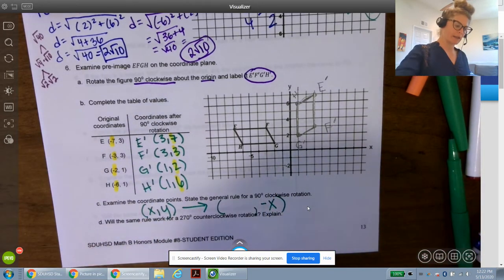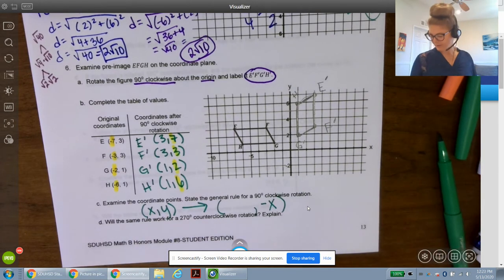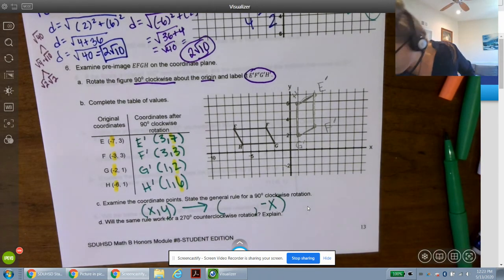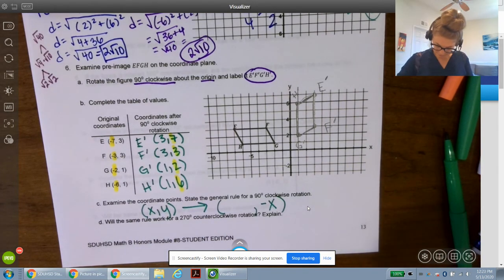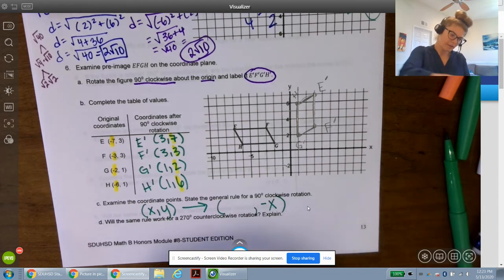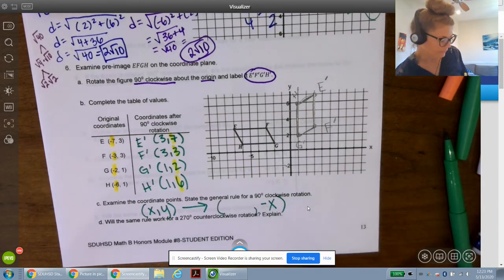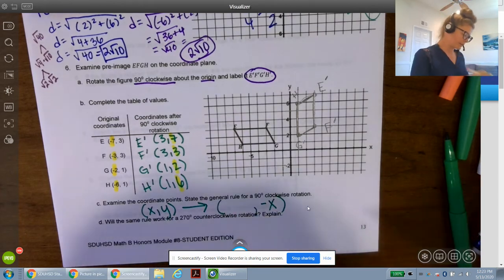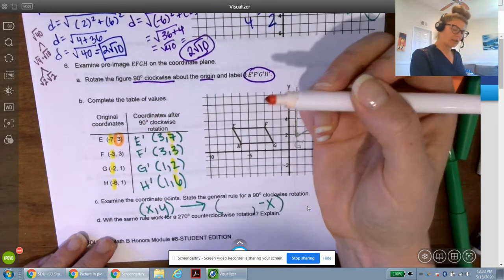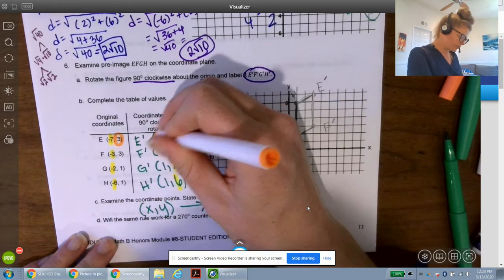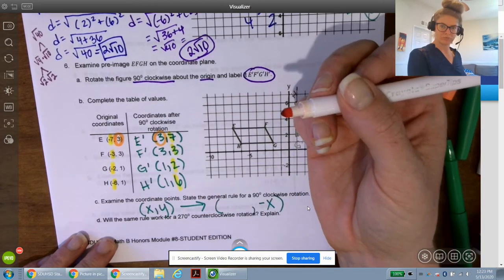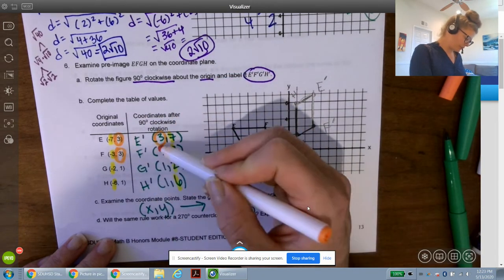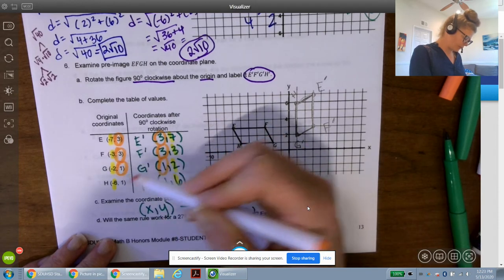Okay, well now let's take a look and see if we can figure out what the new x value is. Well, 3, the original y value, the new x value is 3. 3, 3, 1, 1.